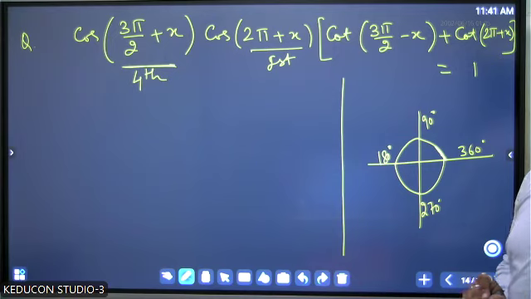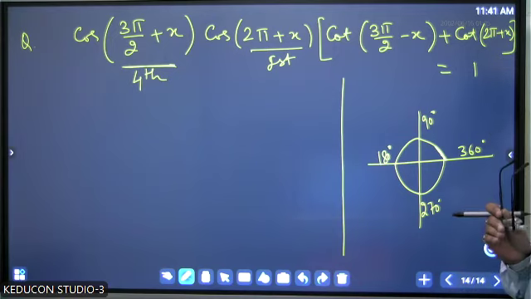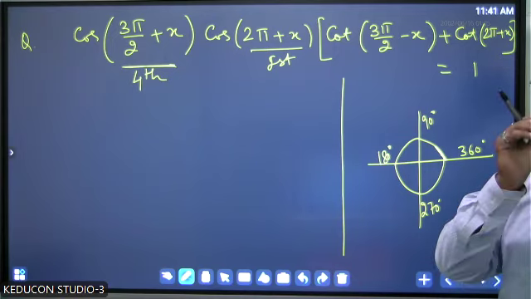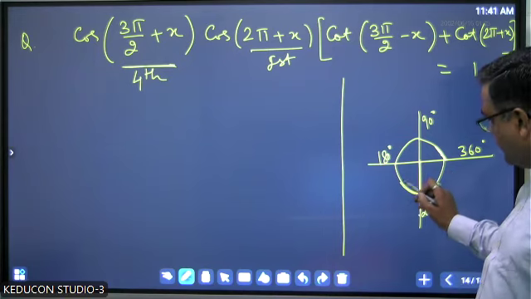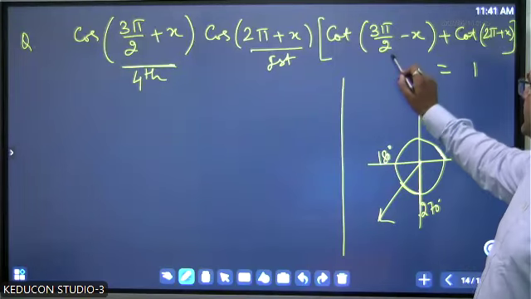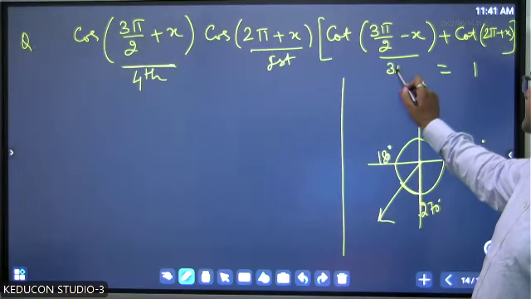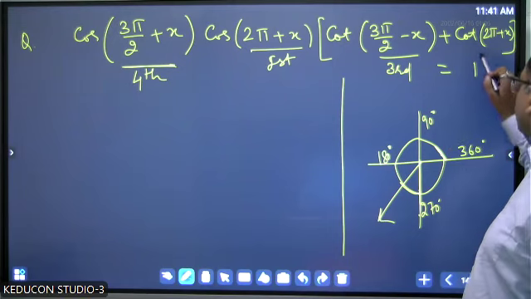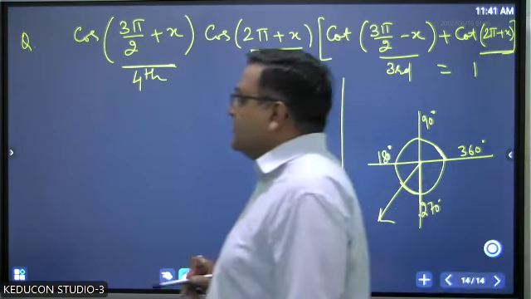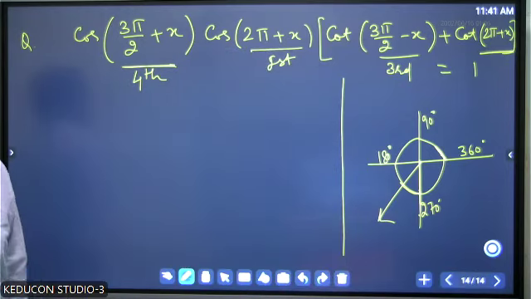3 pi by 2 minus x, third quadrant. 3 pi by 2 minus means you have gone in this way. So that will be the third quadrant. 2 pi plus x, first. Very good. Now cos of 3 pi by 2 plus x will be equal to, fourth quadrant.